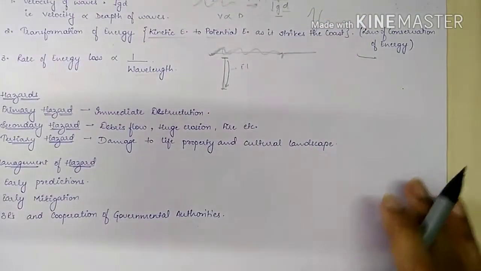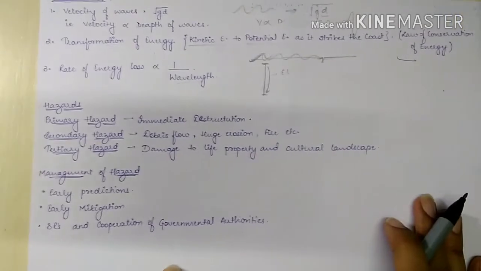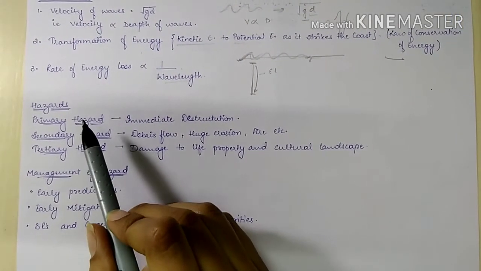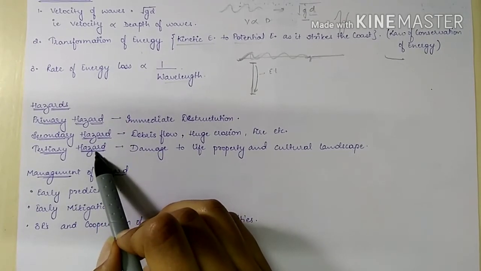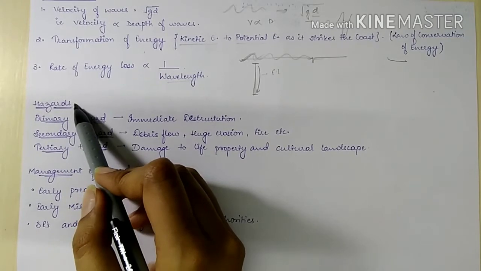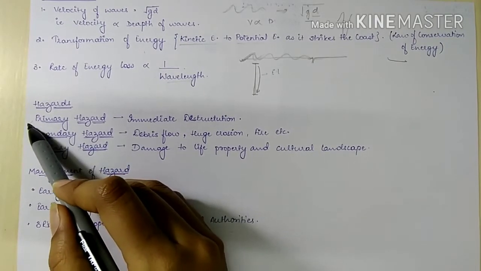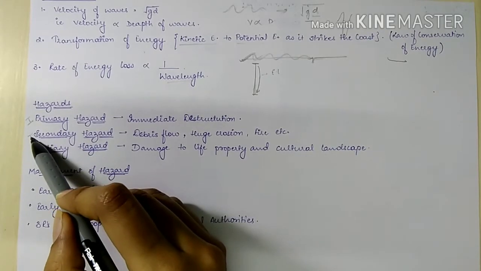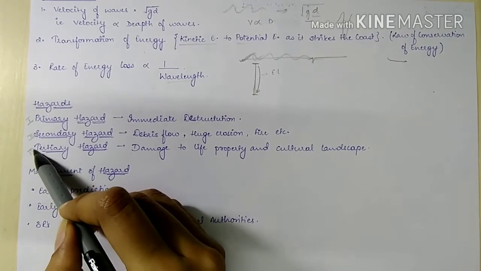Next we will look into hazards. Due to a tsunami, three types of hazards are caused. The major impact is known as primary hazard, then secondary hazard, and then tertiary hazard.